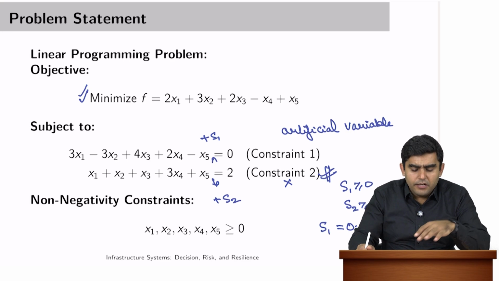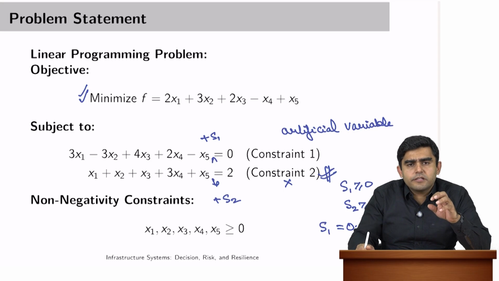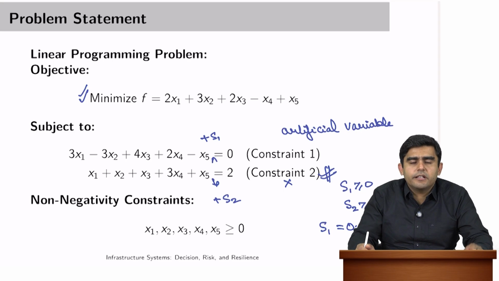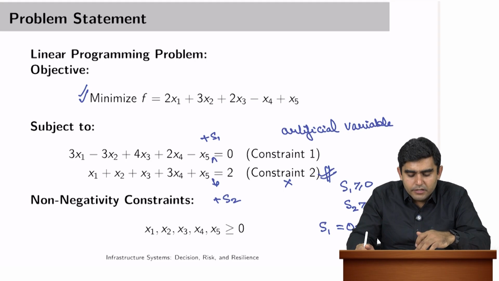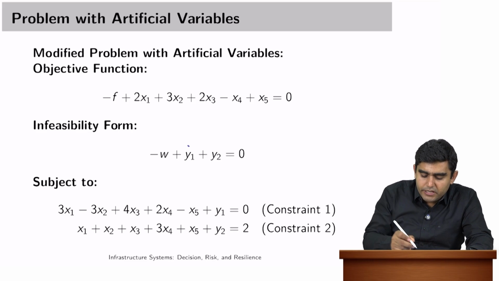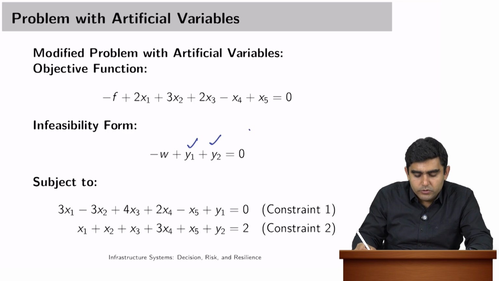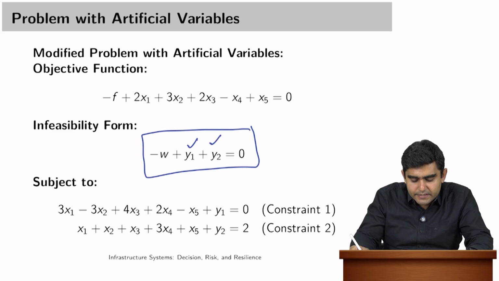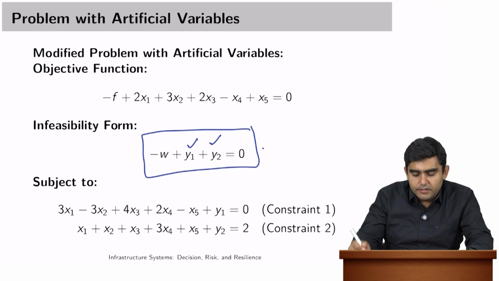Going forward, our mathematical understanding and application would be exactly the same as what we learned in less than equal to constraint handling, that is, how to decide the entering variable and how to decide the leaving variable, but we have to do one mathematical trick here. That trick is that we will introduce these two artificial variables y1 and y2 and induce another equation we call the infeasibility form.